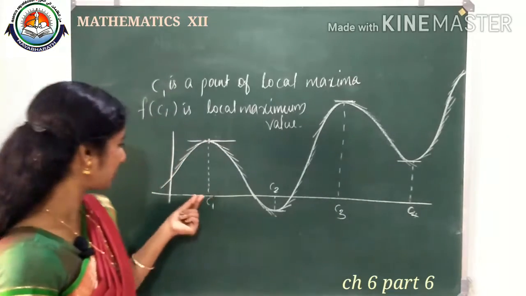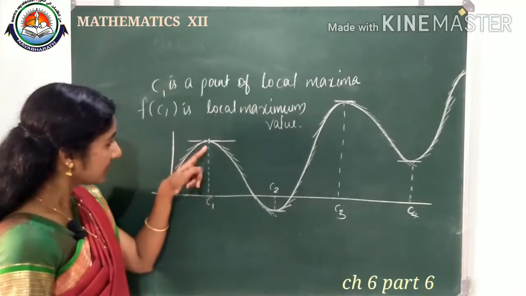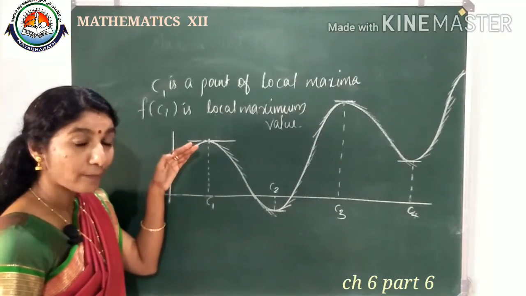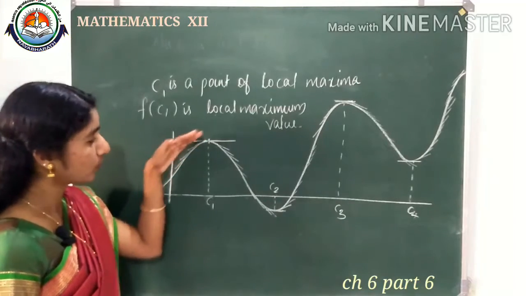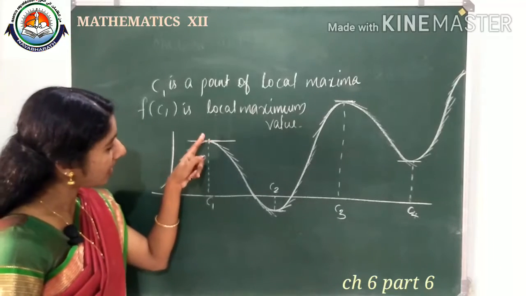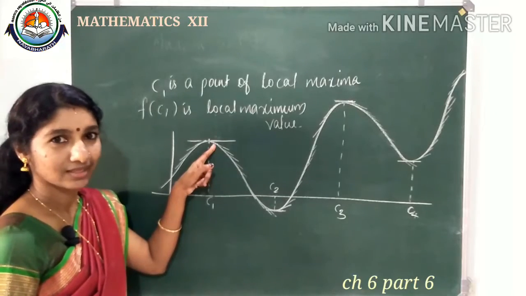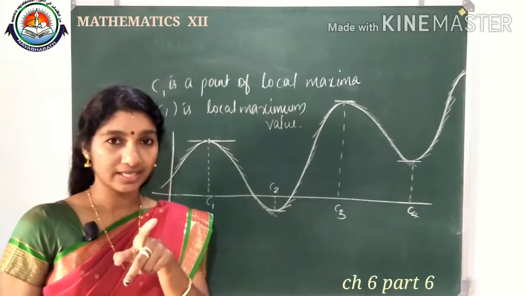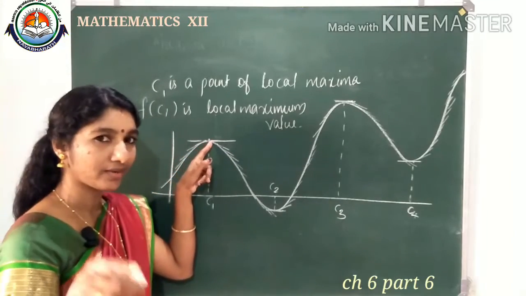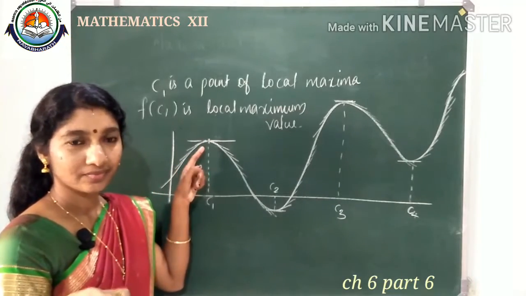See here C1, which we discussed. On C1's left side the slope of the tangent is positive, at C1 the slope of the tangent is 0, and after C1 the slope of the tangent is negative. Clear? So if the slope of the tangent changes from positive to negative, in between there will be one point where the slope of the tangent equals 0.